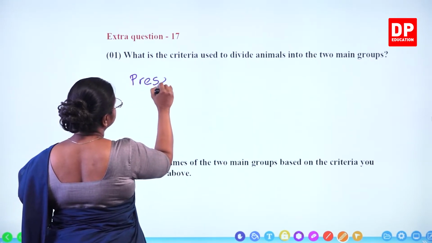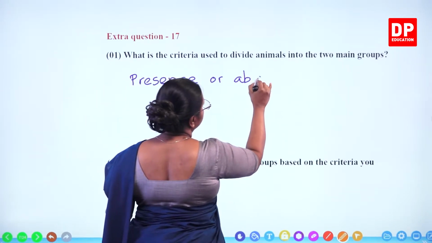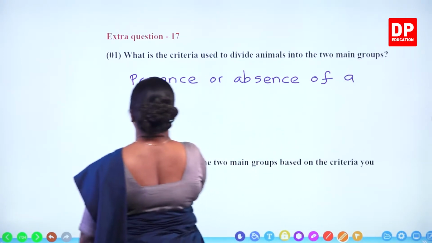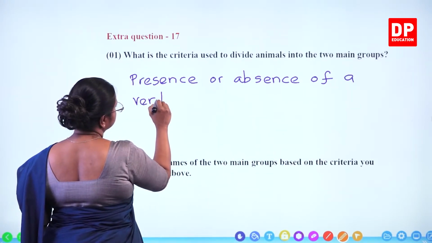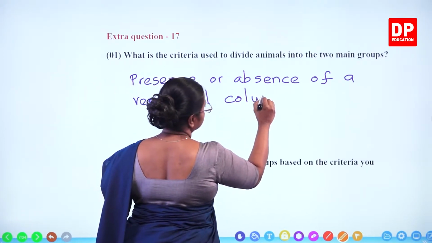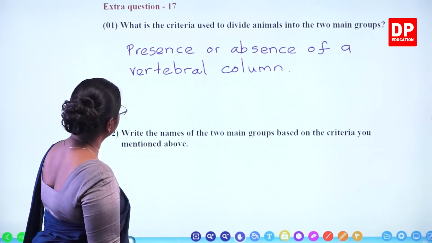Presence or absence of a vertebral column.